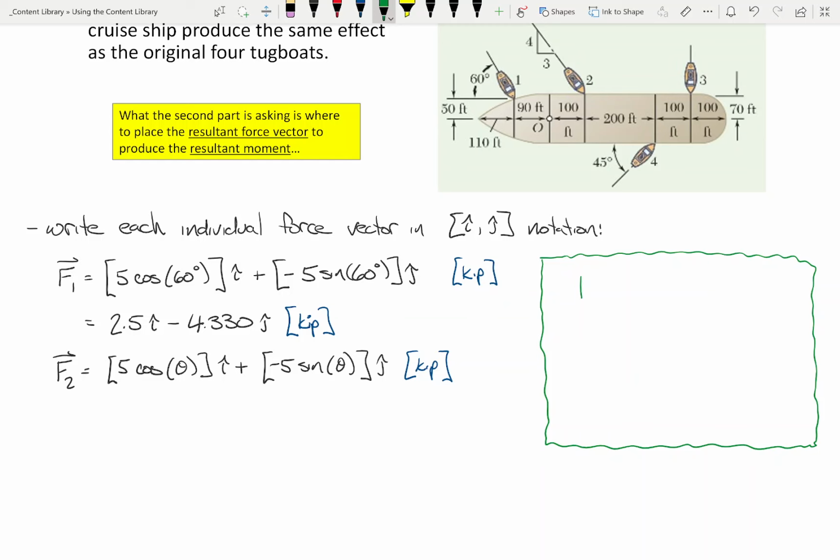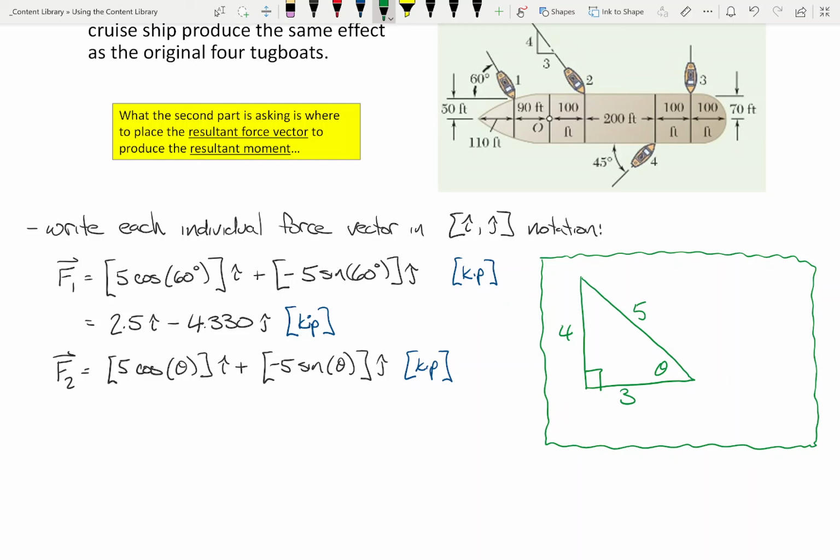I have myself a right triangle. This is 3, this is 4. All right, now you all told me this is 5, right?